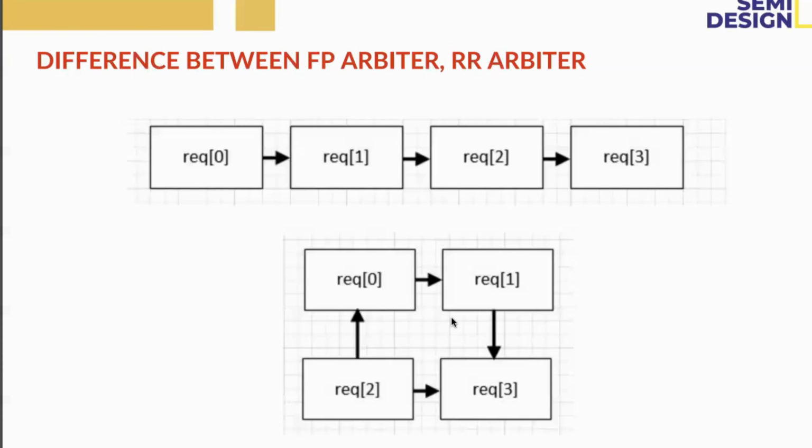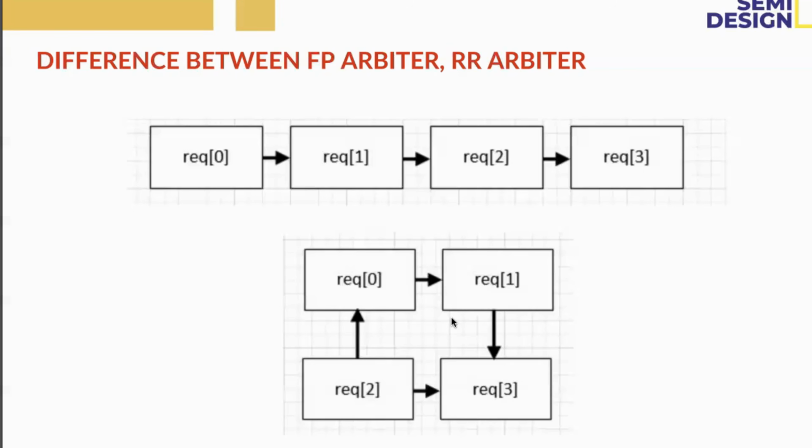So what are the advantages? This is a basic priority arbiter, which is used to allocate resources based on priority, and in a priority arbiter the priority of requesters is fixed, not like a round robin arbiter.